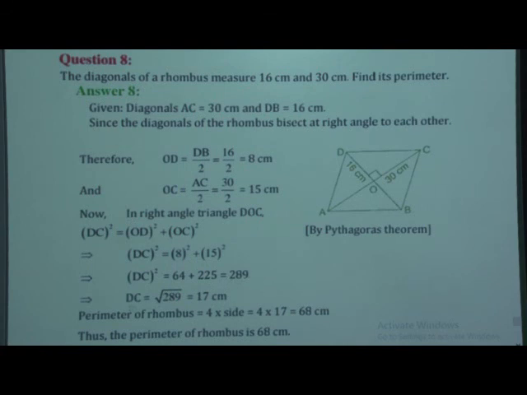So the square root of 289 is 17 centimeter. So the perimeter of a rhombus is equal to 4 into side. So 4 multiplied by DC, now that we have the side, is 17, which is equal to 68 centimeter. Thus the perimeter of the rhombus is 68 centimeter.